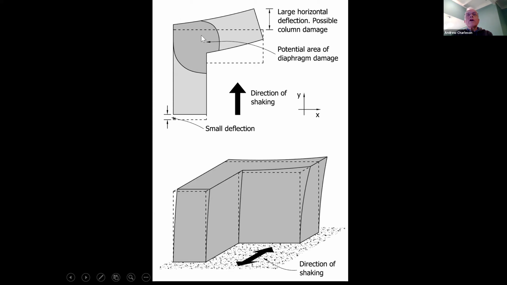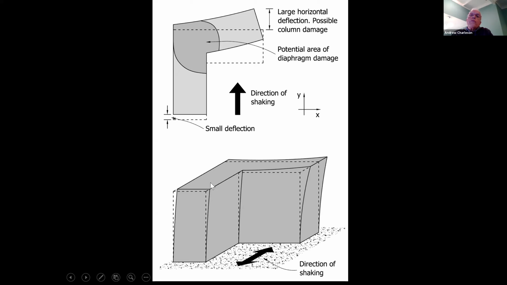And remember that often in this area, we want to have penetrations for stairs and for elevators. So this is a weak area anyway. But it's this wing, it flaps around like the wing of a bird. And so that is why re-entrant corners are quite bad.